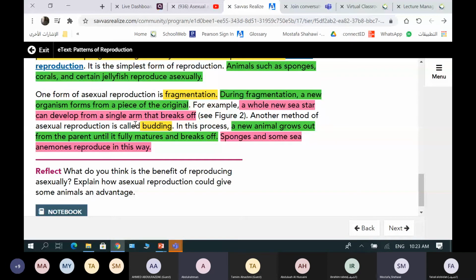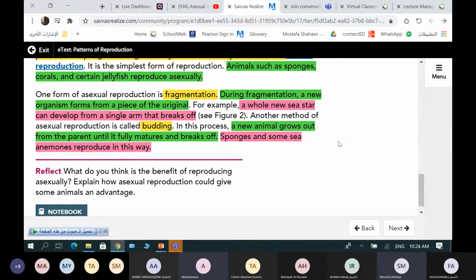One form of asexual reproduction is fragmentation. During fragmentation, a new organism forms from a piece of the original.